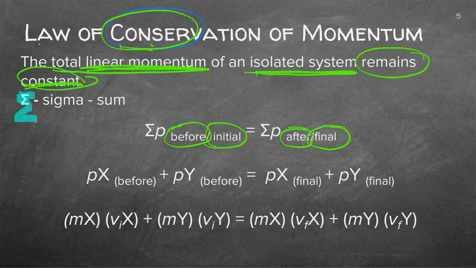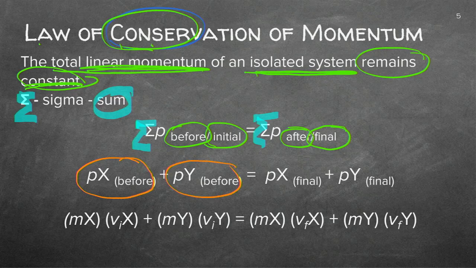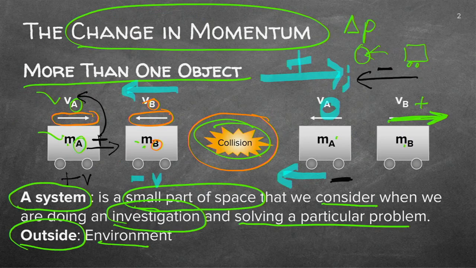Another sign that you will be using now is the Greek sign sigma. Do you see the sign here? Sigma means the sum. So we are going to add the momentum before to the momentum of the other one. So I've got, say for instance, trolley X. Can you see here? This one was A and B. This could have been X and Y. So let's go back.